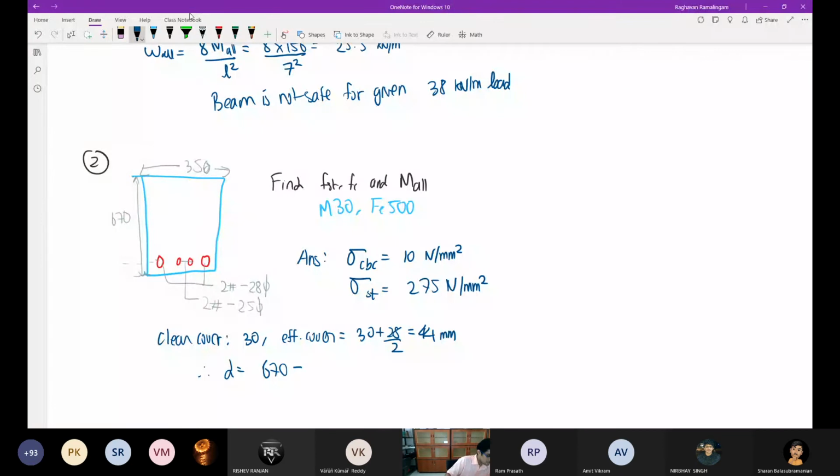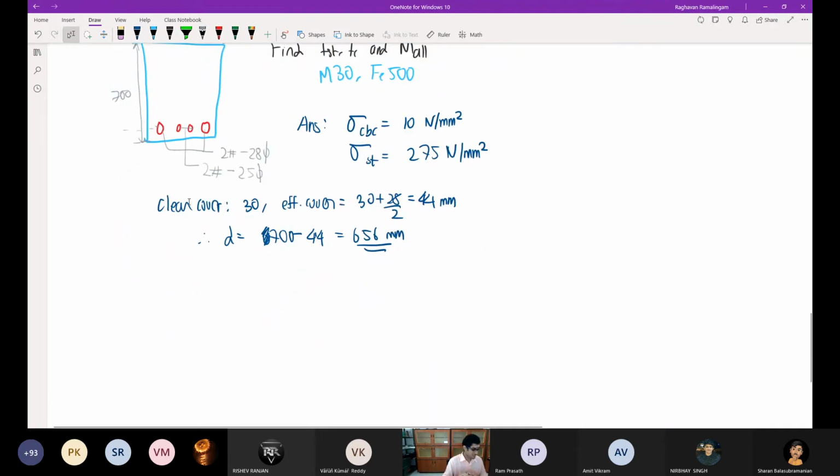This is the D which we have to use. All this step I'll talk about later when I come to limit state method. Before that, I don't want to confuse you with cover and those things.